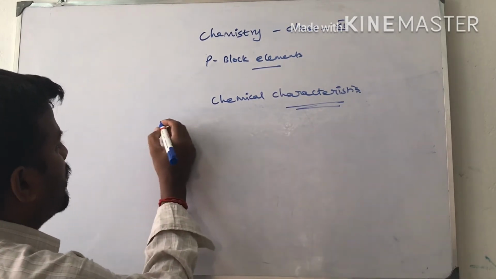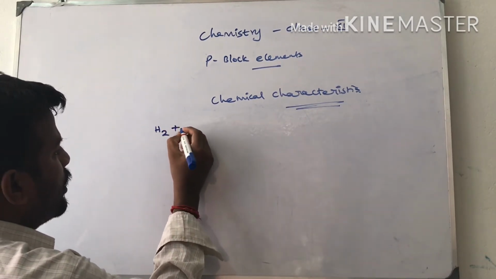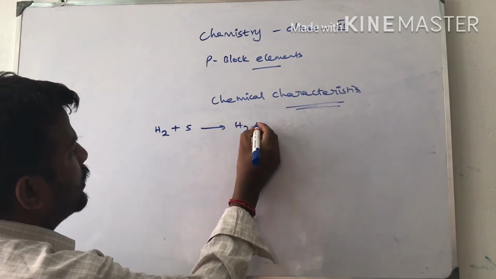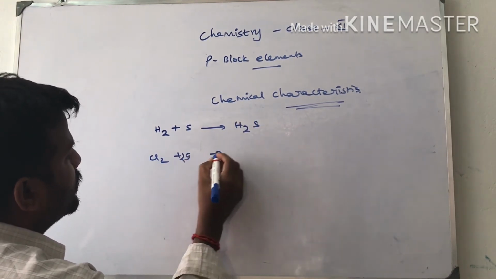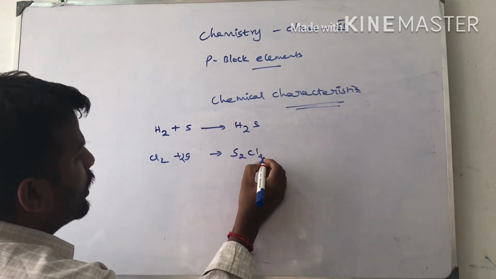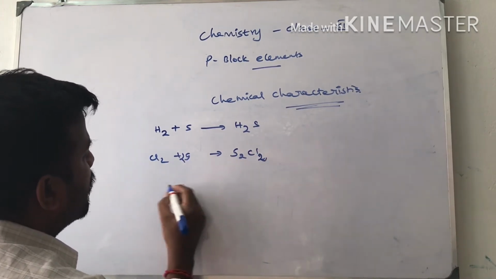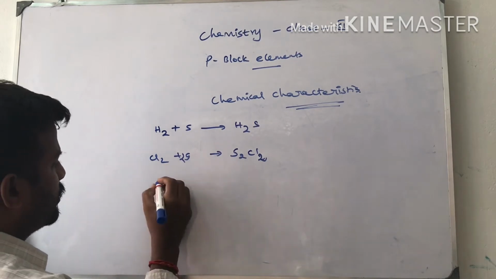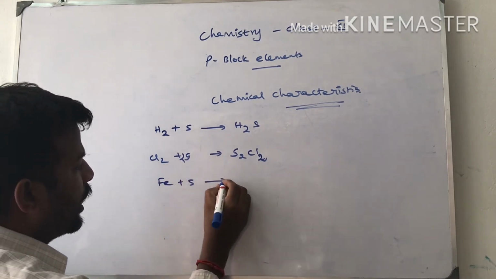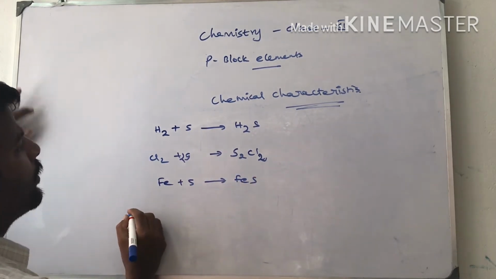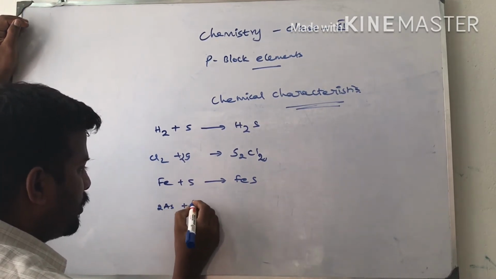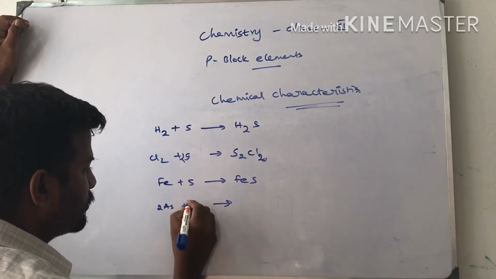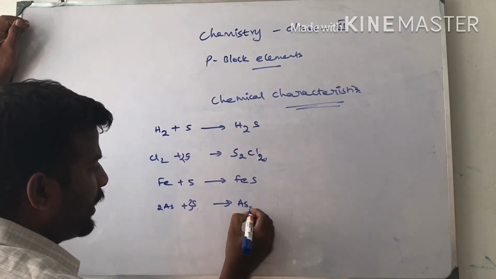Chemical characteristics. It will react with H2, it will form H2S. It will react with Cl2, it will form S2Cl2. Whenever it reacts with iron, it will give iron sulfide. Then sulfur reacts with arsenic, it will give arsenic sulfide.